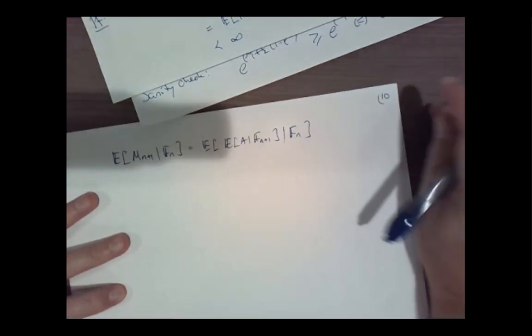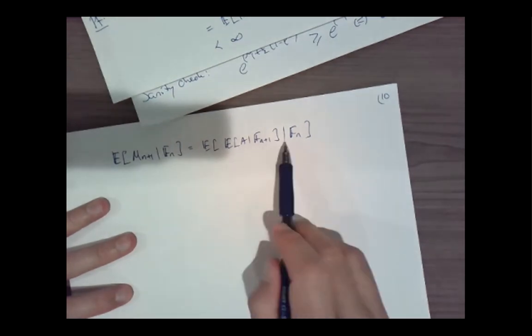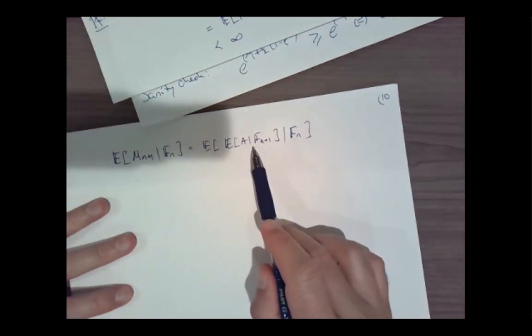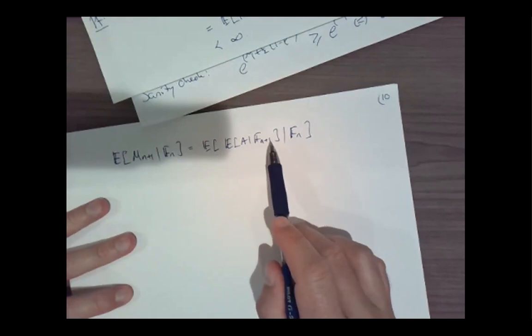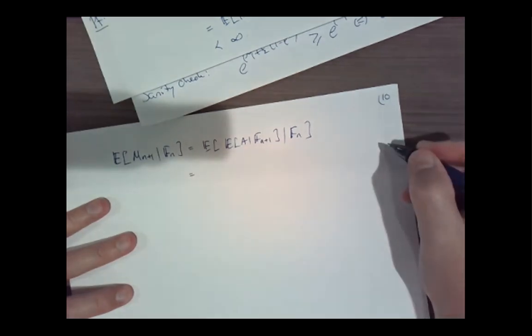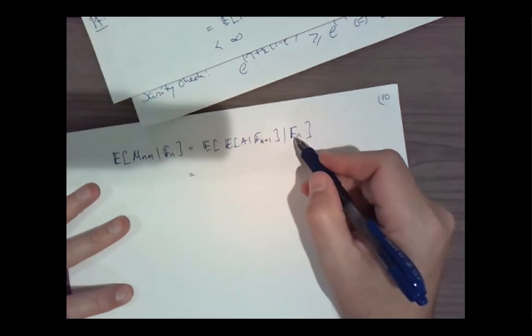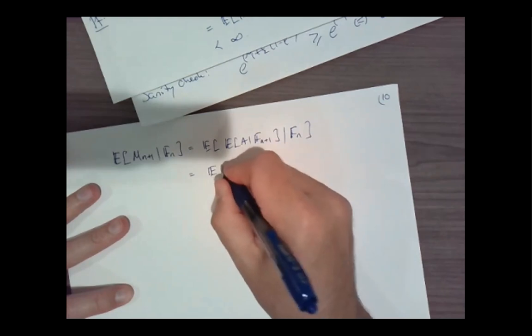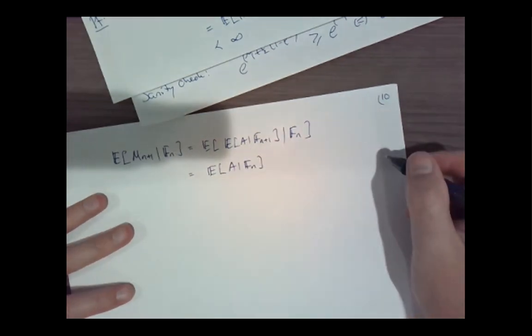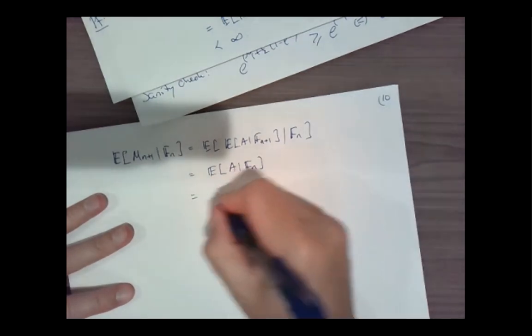So now we have two conditional expectations sitting next to each other. We have F_n, we have F_{n+1}. We need to remember when I have two conditional expectations next to each other, which one wins? The one that wins is the smallest one. That's going to be F_n. And so this is my M_n.